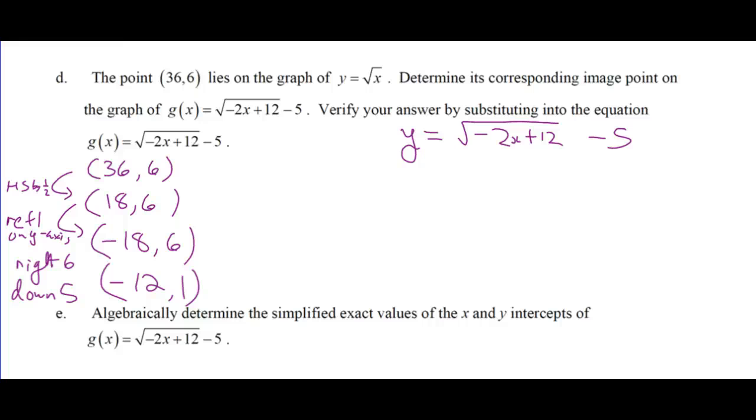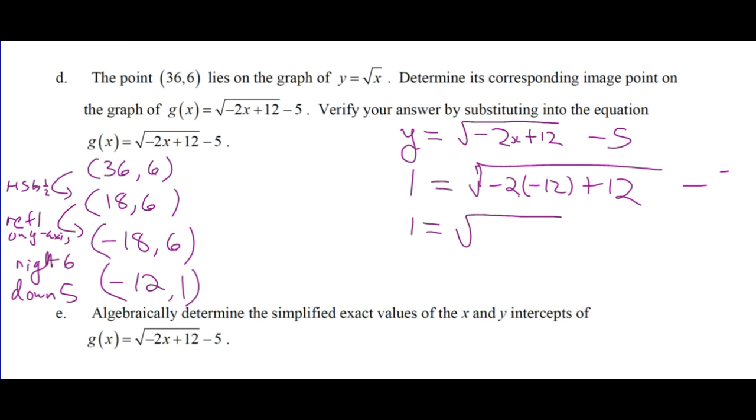All right, what did we say? We say that y is 1 when x is negative 12. So that, nice writing. Negative 2, negative 12, plus 12, minus 5. Okay. Make sure that stuff is where you want, like don't do this. Right, all of a sudden that's underneath.